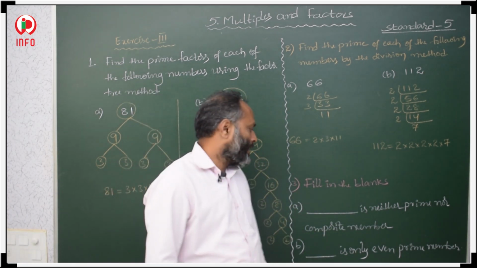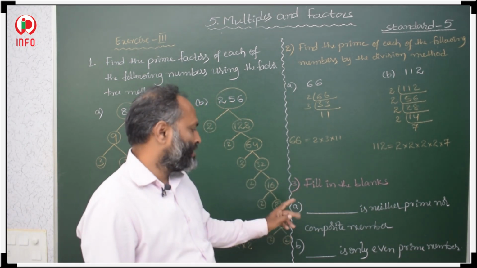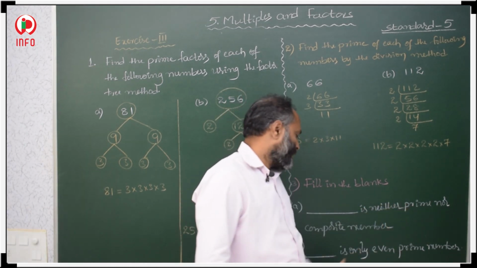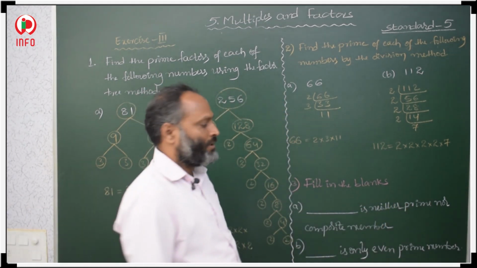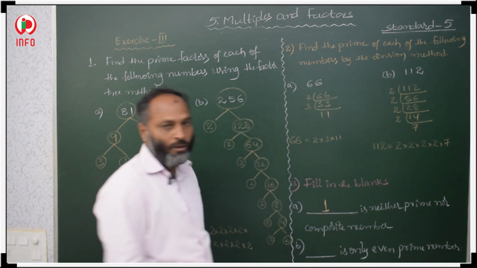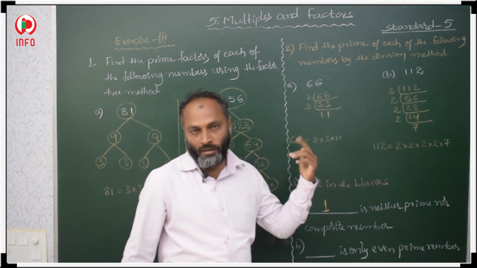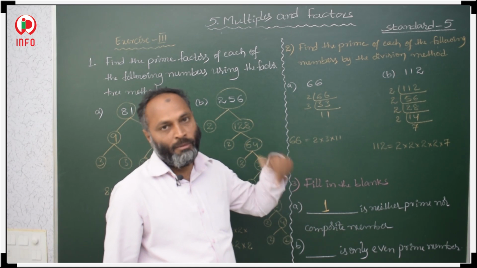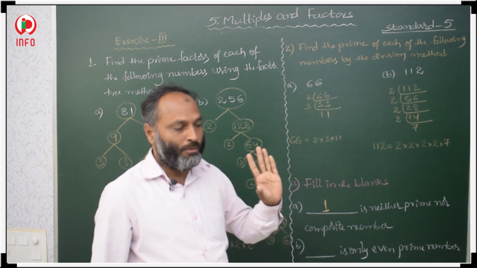Okay. Now, the third one, fill in the blanks. The first blank: dash is neither a prime nor a composite number. Which number is neither a prime nor a composite? 1. 1 is neither a prime nor a composite.